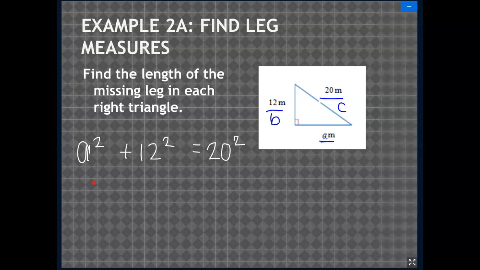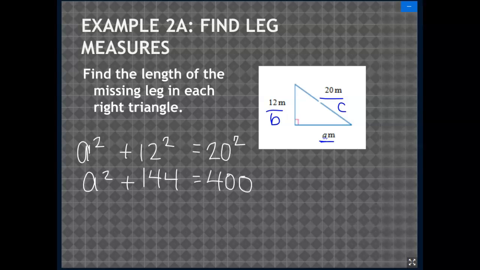We're going to solve for a squared by subtracting. First, 12 squared is 144, and 20 squared is 400.